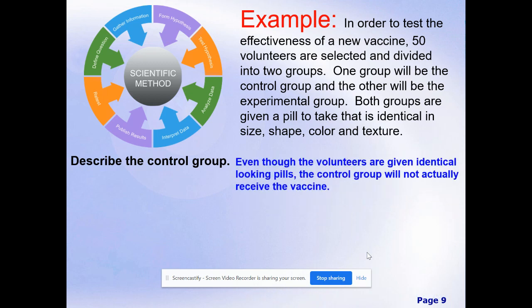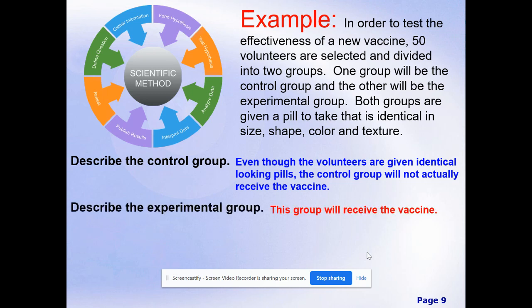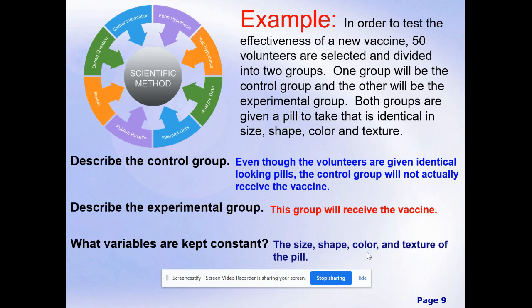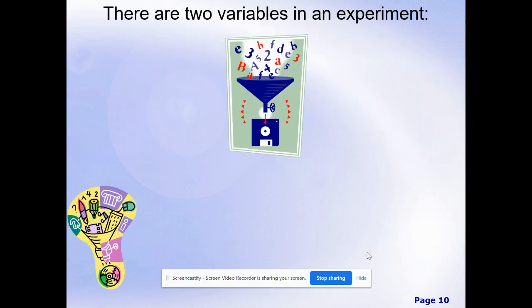So even though the volunteers are given identical looking pills, the control group will not actually receive the vaccine. The experimental group is the group that does receive the vaccine. The things we keep constant include size, shape, color, and texture of the pill. The variable that's being changed is whether the pill contains the vaccine or not.